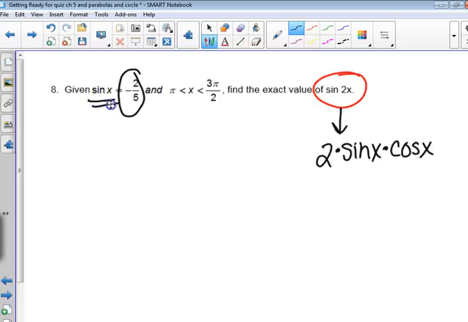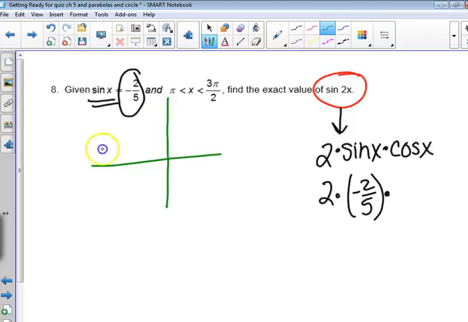This is the sine of x. So it's going to be 2 times −2/5 times, uh-oh, I don't know the cosine. Oh, she's got it. But if we just do, this is 3π/2. You with me so far?